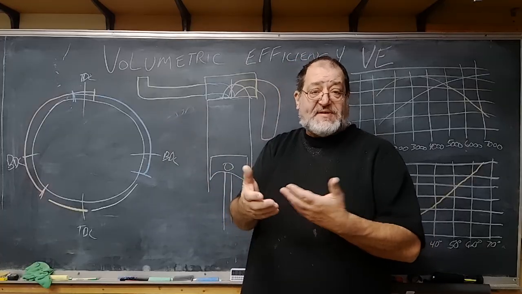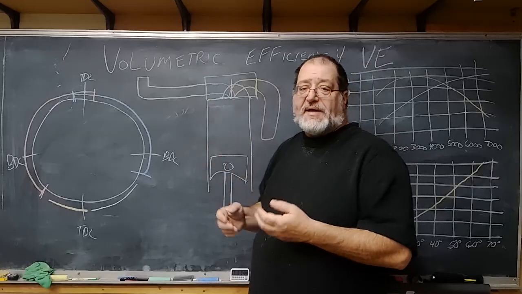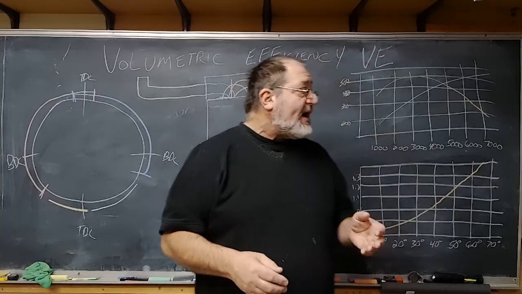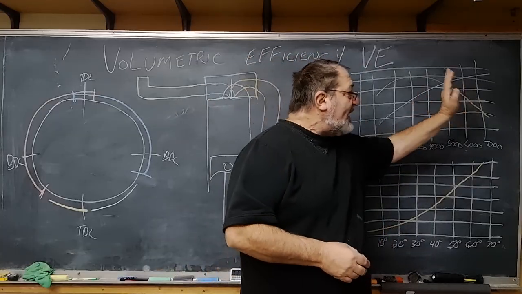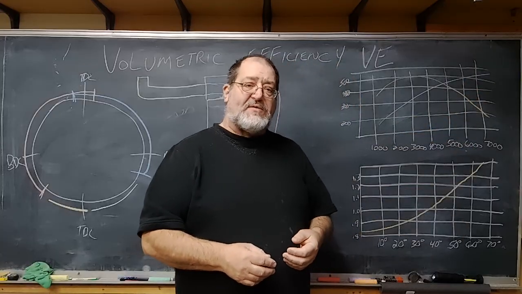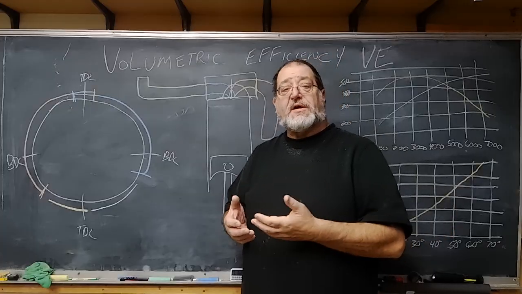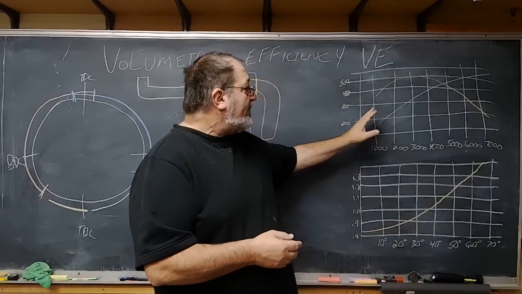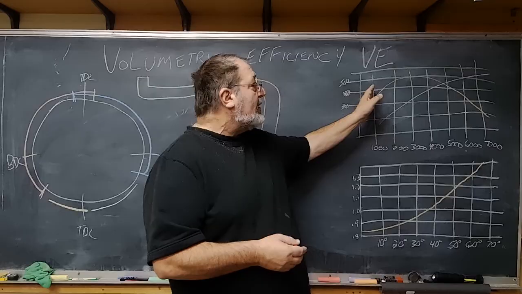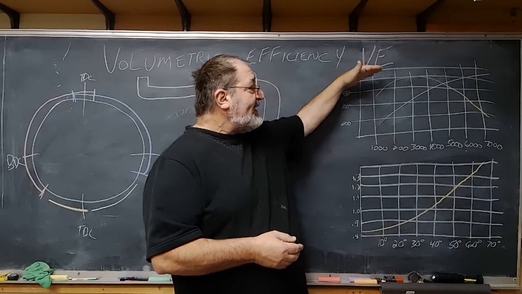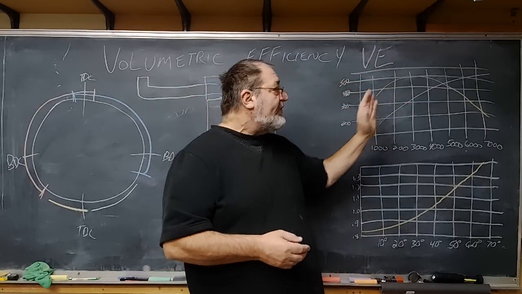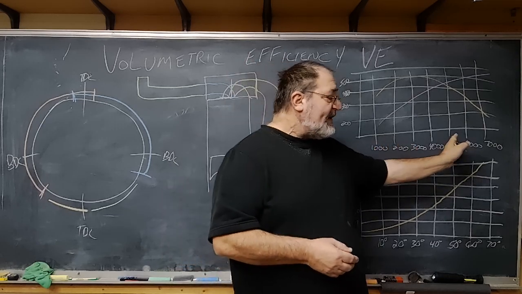Now, you could say, well, if you went to a bigger intake, you can make more power. Well, yes, but you're going to make more power up here where the CFM demand is higher. That's why we look at some of this, is we are trying to control it where we want to be. So down here, you need decent airspeed and enough flow to carry you to the RPM.